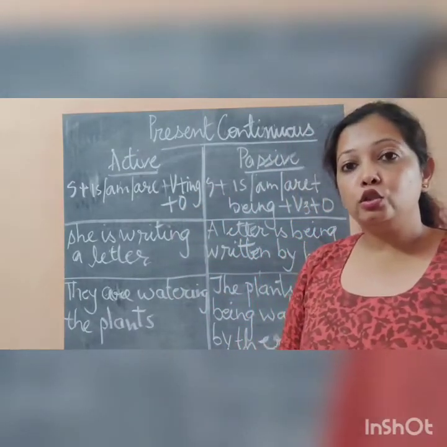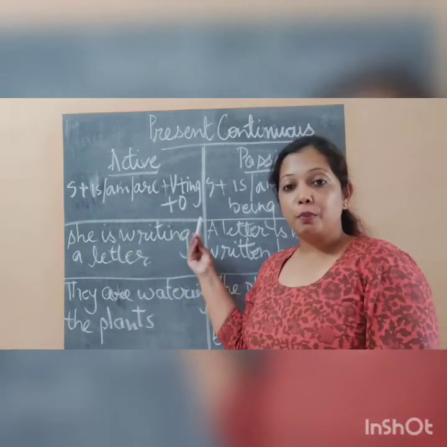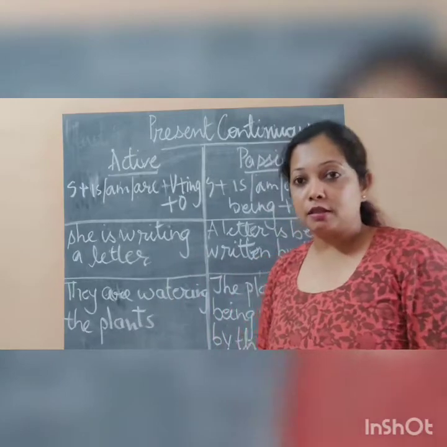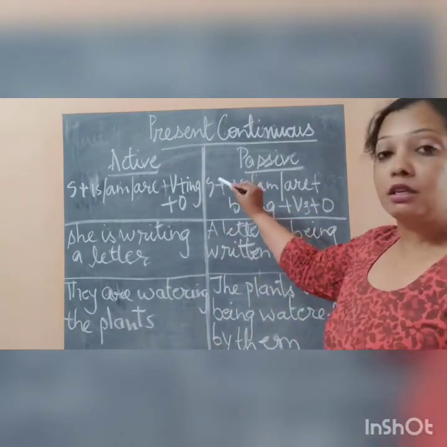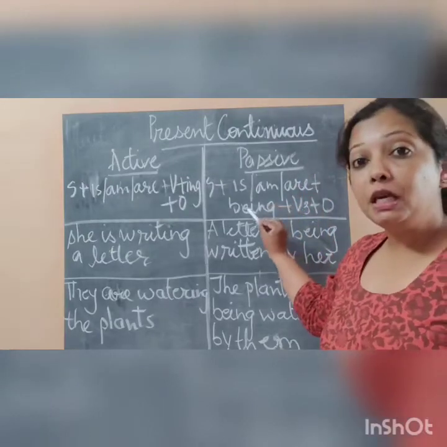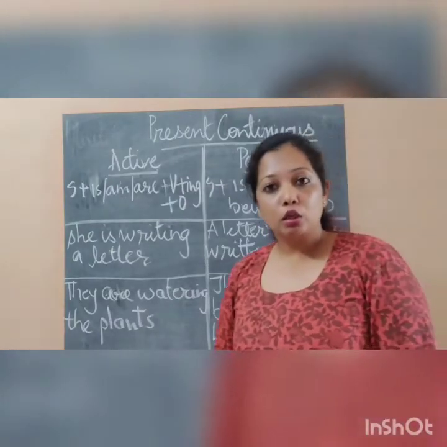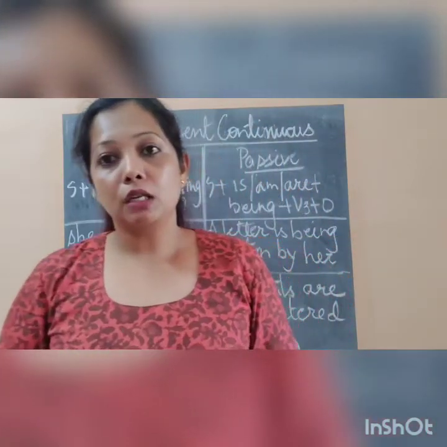Now how will you change a sentence from active to passive in present continuous tense? Now we will change it by putting subject, is and are plus being, B-E-I-N-G, plus verb third form, and plus object.